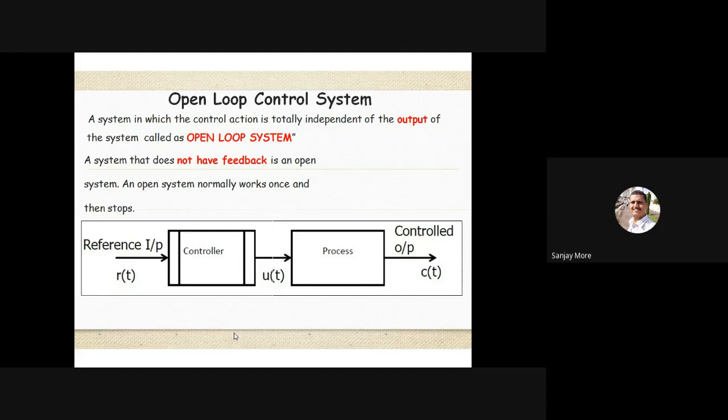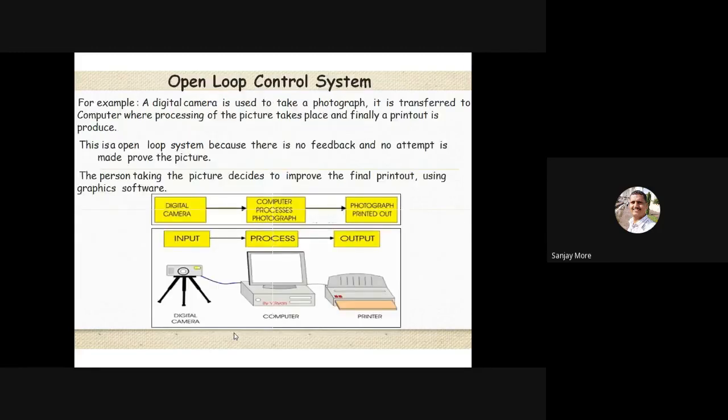For example of open loop control system, digital camera. Here, digital camera, computer process photograph, and photograph printout. There is no feedback. A digital camera is used to take a photograph. It is transferred to a computer where processing of the picture takes place and finally a printout is produced.